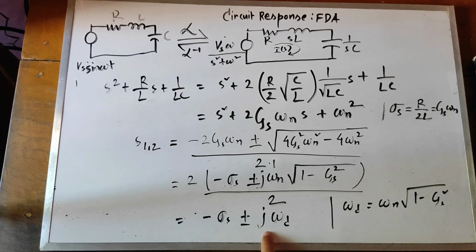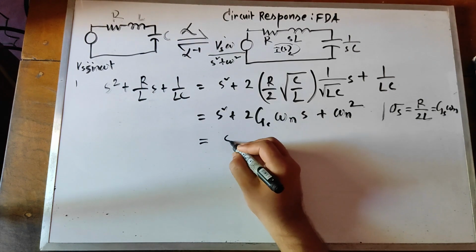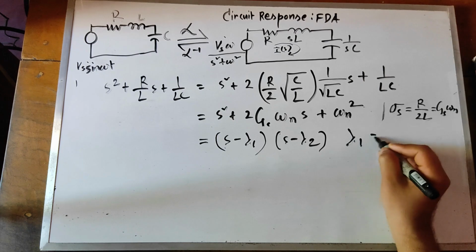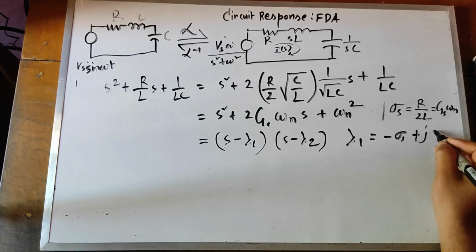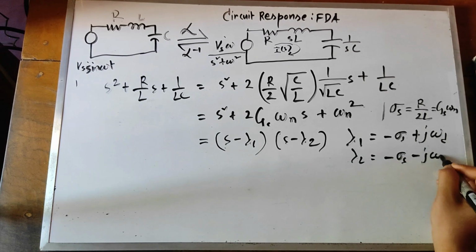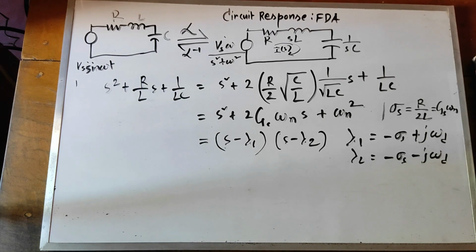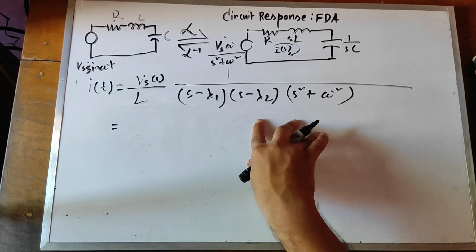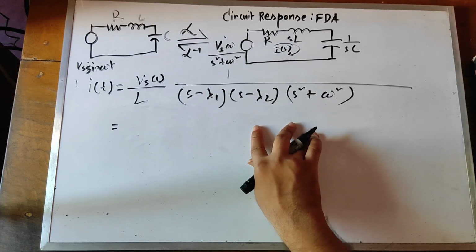So we have found our roots. If I denote them by lambda 1 and lambda 2, the factors will be s minus lambda 1, s minus lambda 2, where lambda 1 is minus sigma s plus j omega d, and lambda 2 is minus sigma s minus j omega d. Now I'm going to replace these values in the equation and decompose this into partial fractions.